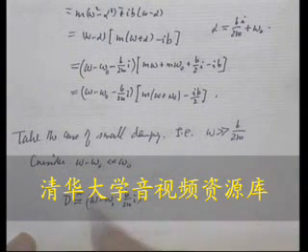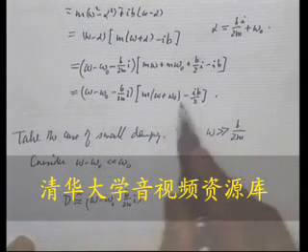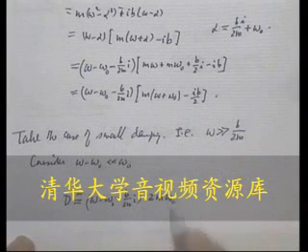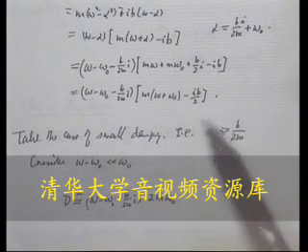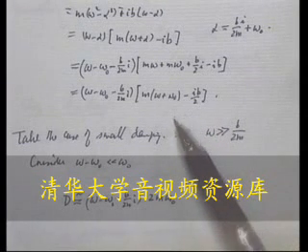This is a small number, this is a small number, and this is essentially 2m omega 0, because omega is approximately equal to omega 0.